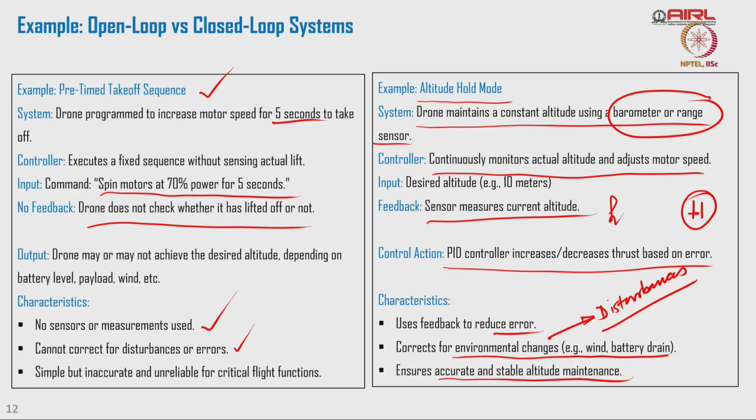What desired performance we want out of the system or drone, based on that, we have to design the controller in such a way that we get the desired performance, or performance as close to that as possible.